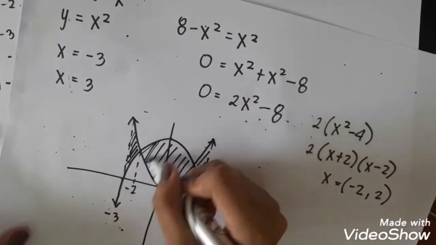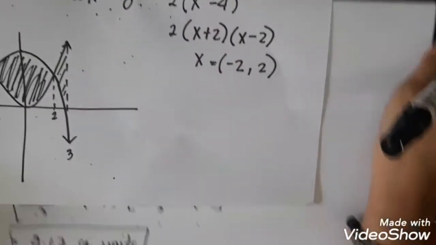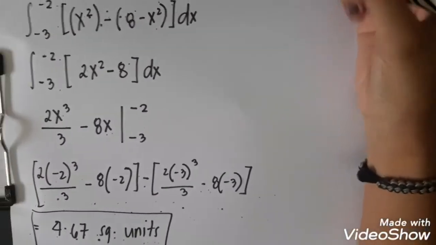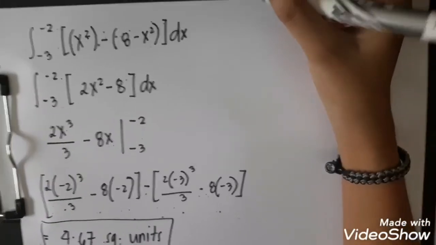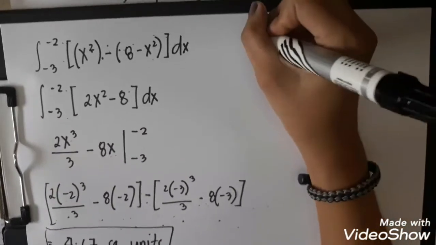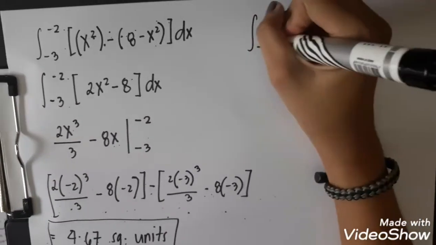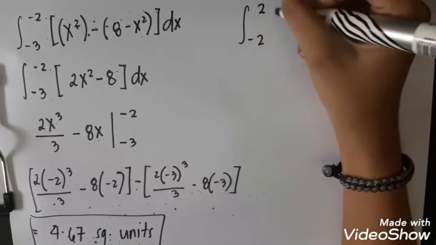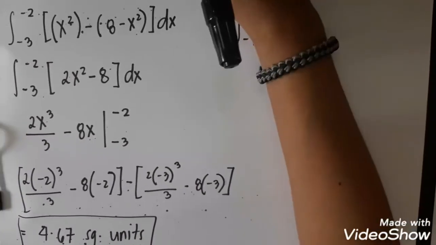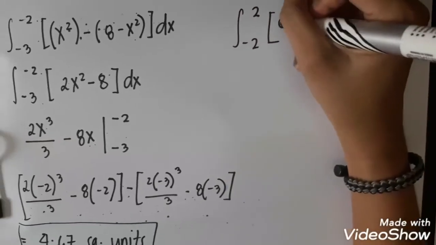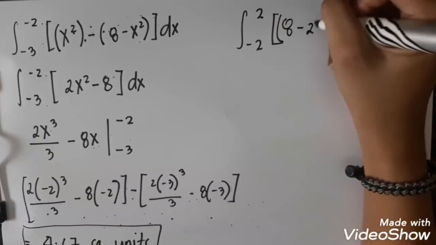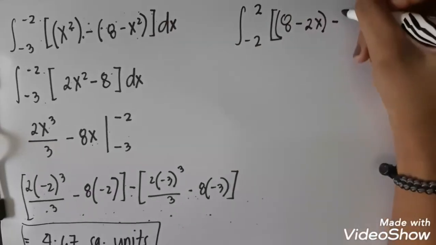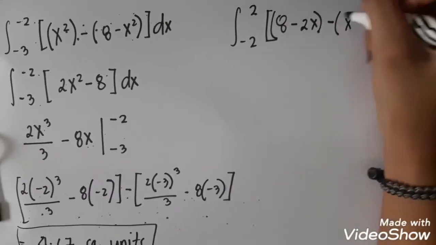Now let's find the area in this part. So it's an integral from negative 2 to positive 2, multiplied to the top curve, which is 8 minus x squared, minus the lower curve, which is x squared.